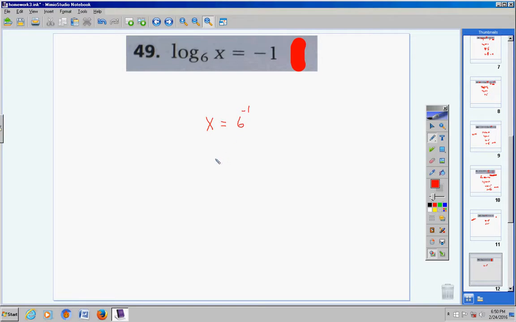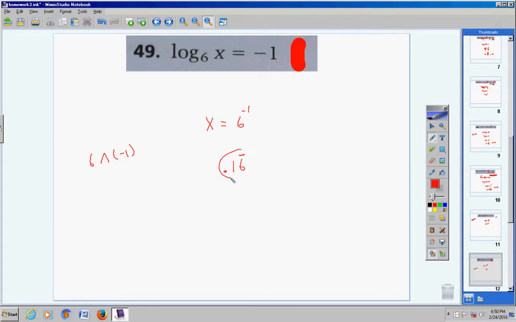Now if you type that into your calculator, 6, and hold on a second, guys, I'm turning my calculator on here. If you type into your calculator 6 arrow negative 1, you'll get this right here: 0.16, and the 6 is repeating, so 0.16 repeating.